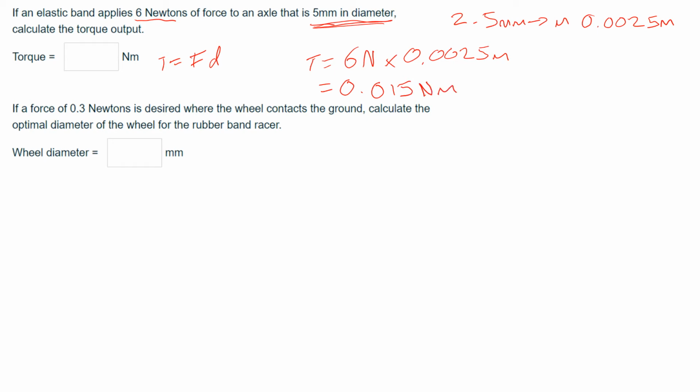This next bit works off the fact that we've calculated what our torque is, okay? But we've got a new force to consider, and we're trying to work out our new diameter.